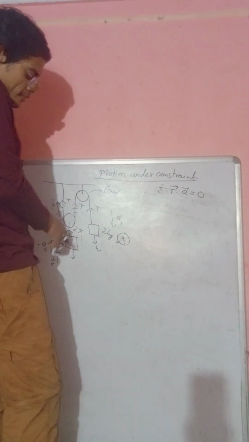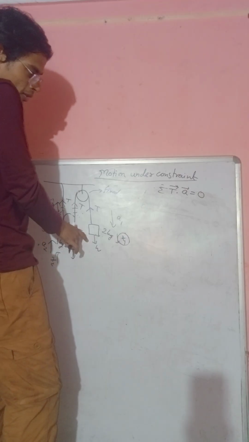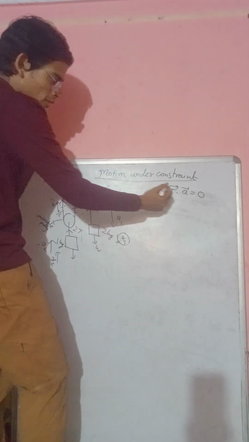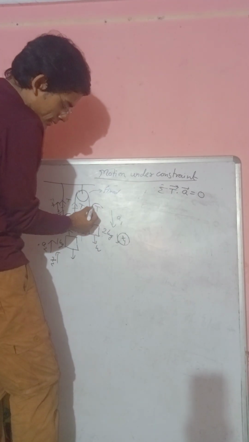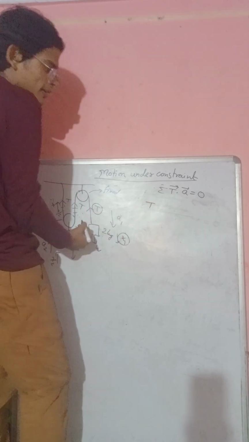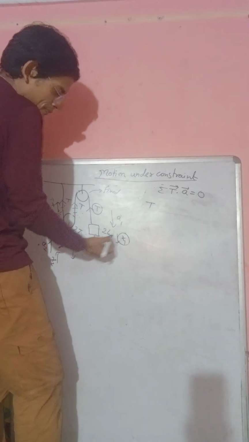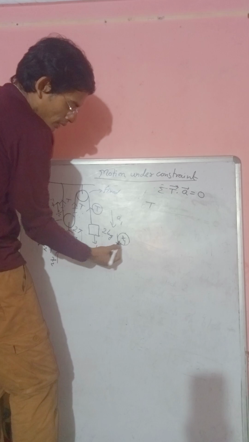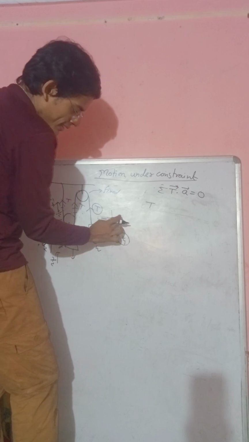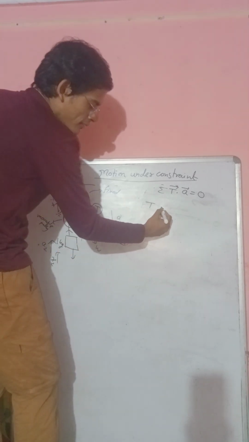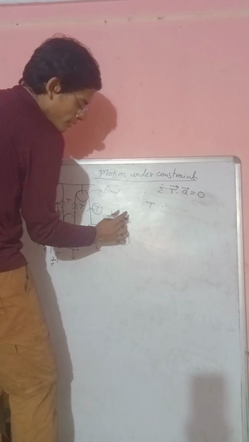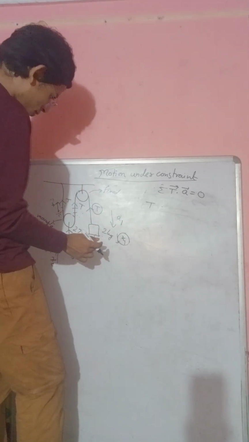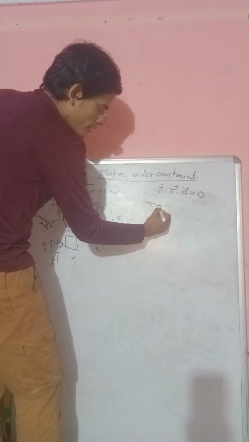So let's consider this block. What is T? T is here. Let's consider the acceleration here to be A1. So it is T A1.